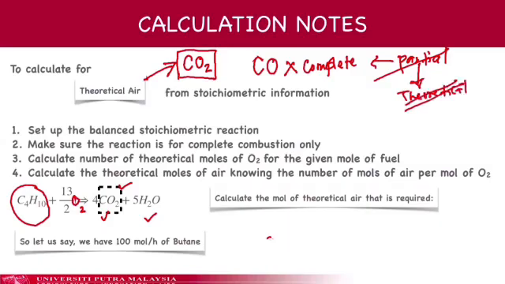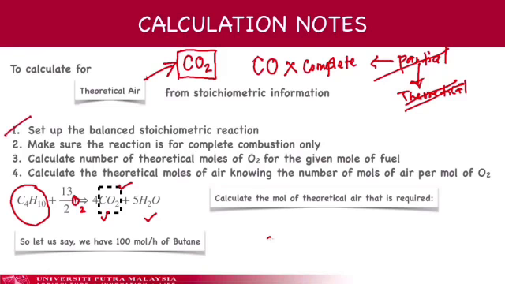Only complete combustion will provide you the theoretical air needed by the reaction to take place, because it will tell us the theoretical oxygen required for the reaction to happen. So we have a stoichiometric reaction for this particular reaction.